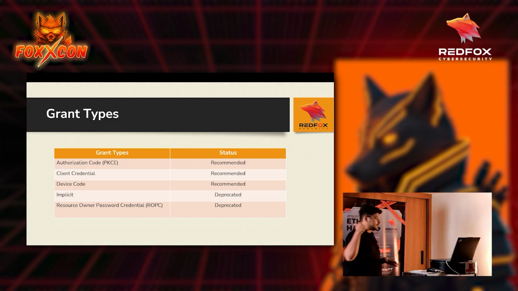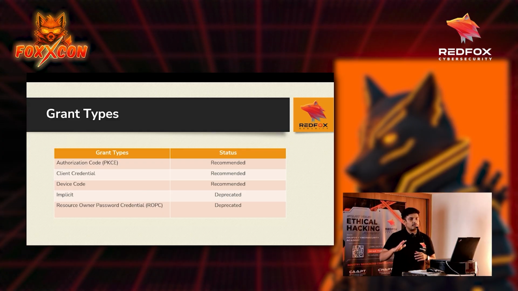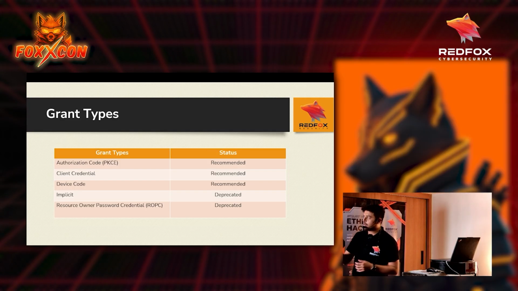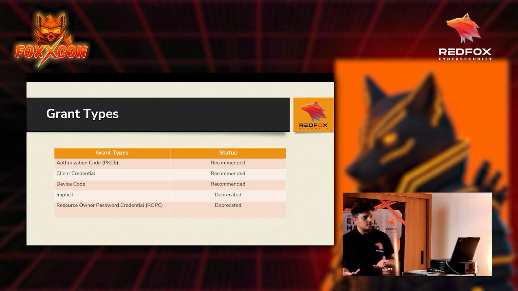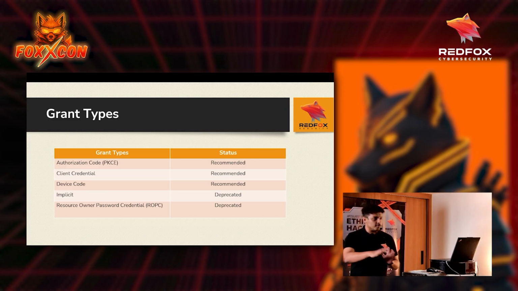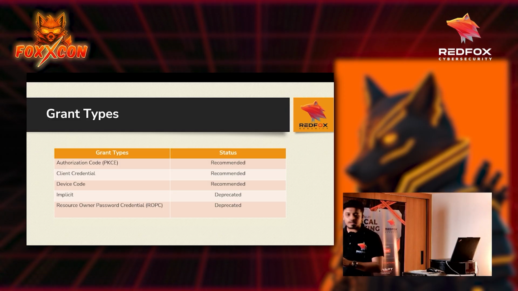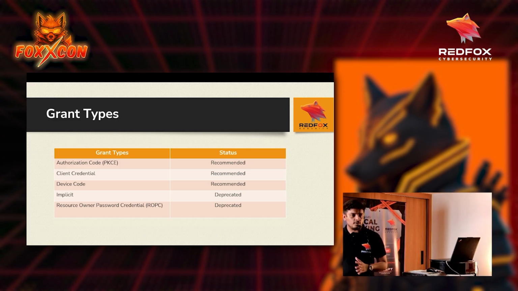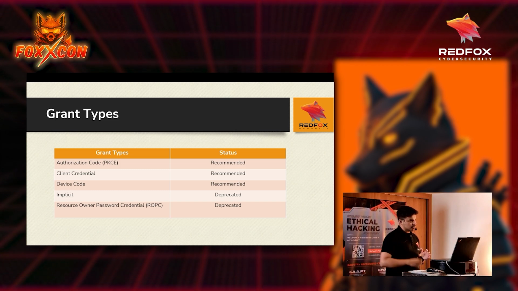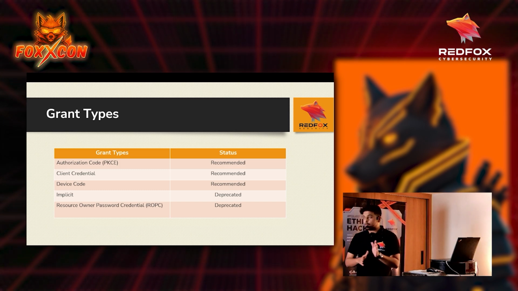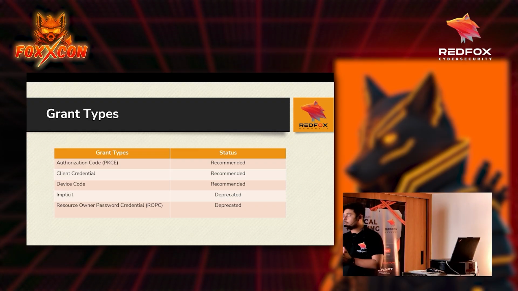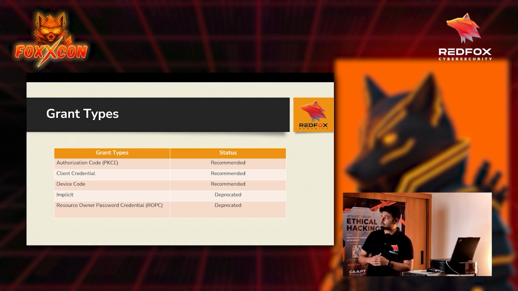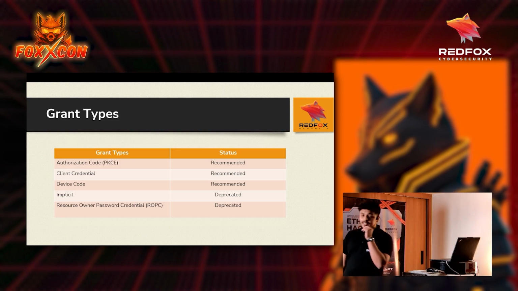If you find these working, I won't say go and randomly report it, but at least flag it to the people as an informational finding, saying don't use it, rather go with the above 3 or anything else. I will let you know how to identify what kind of grant types the application is using right now.